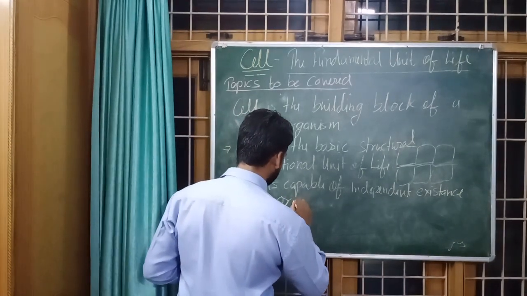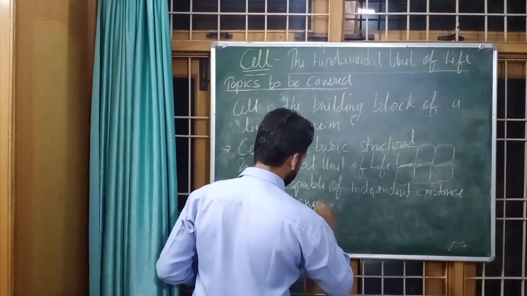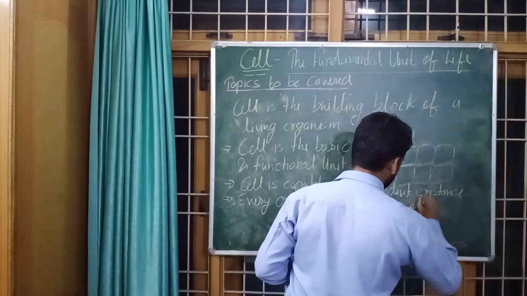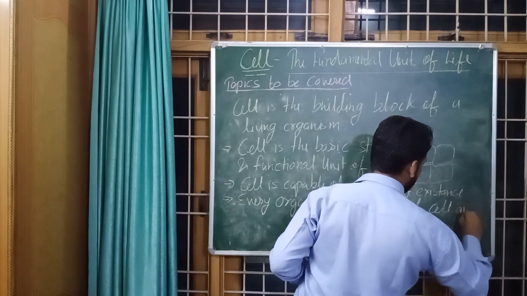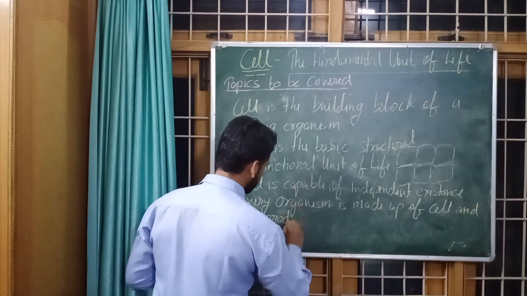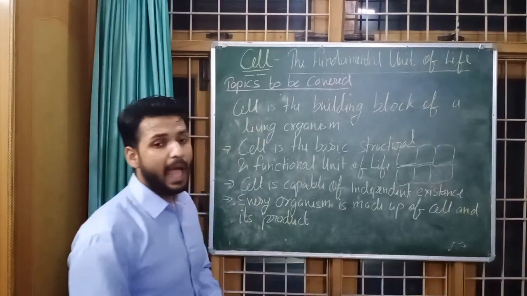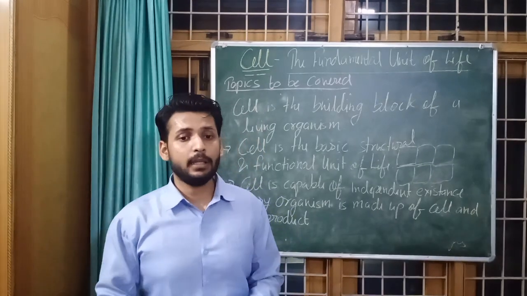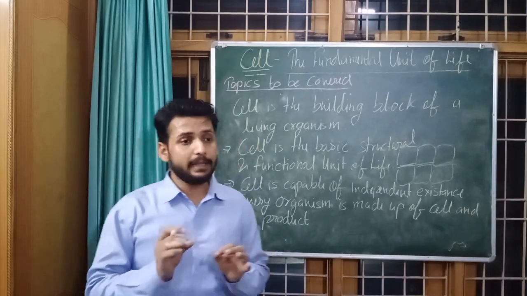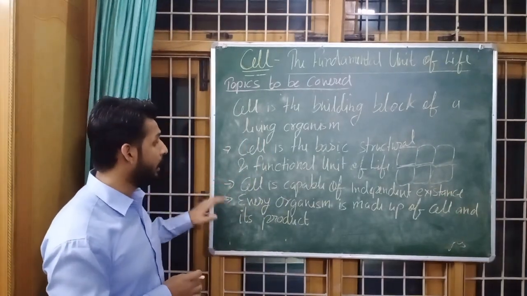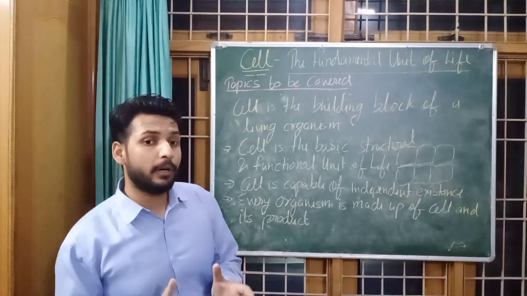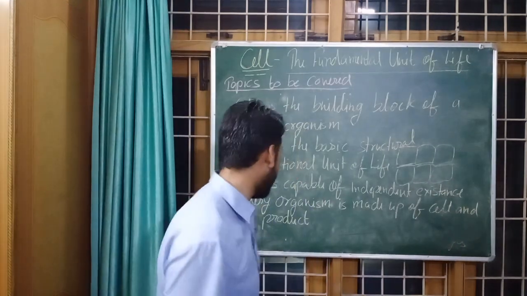Every organism is made up of cell and its product, and each cell has its own lifespan, right? So cell is capable of independent existence also. Every living organism is made up of cell, and cell is able to perform the various metabolic activities, right?